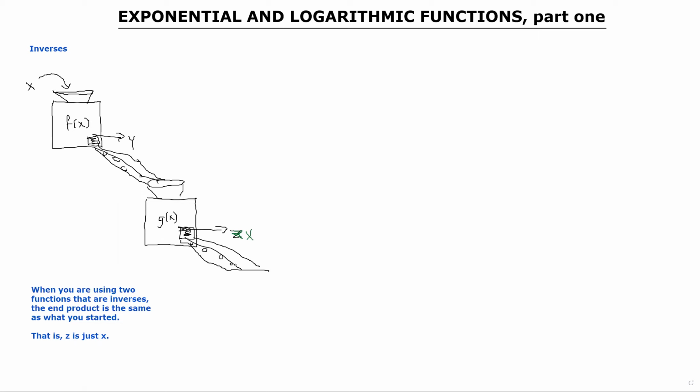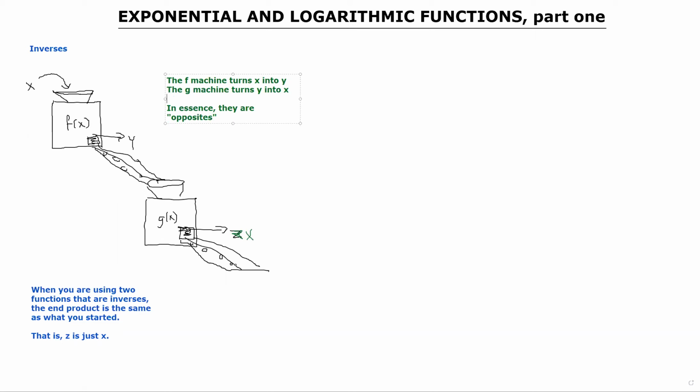So what we conclude from this is that the f machine turns x into y. The g machine turns y into x. So in essence, they are opposites.